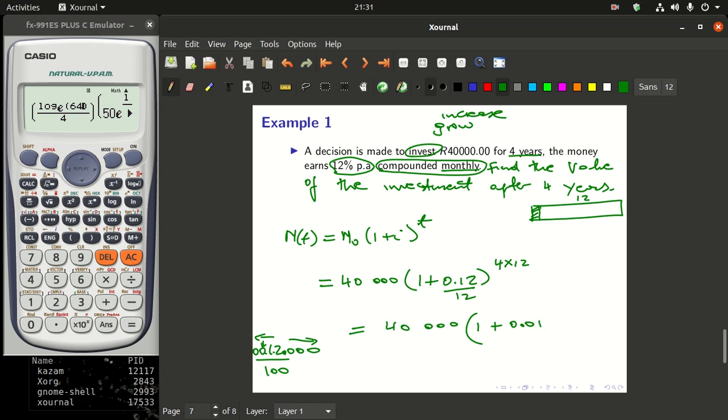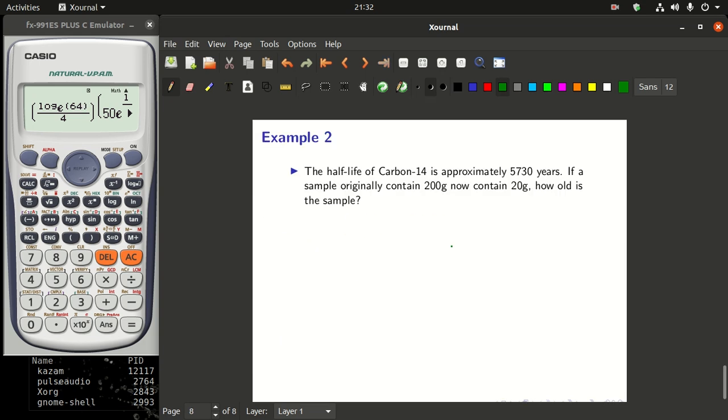That's what's supposed to be, because if you take this 12% here and divide it by 12, you would get 1%, and 1% is 0.01, and then you raise it to 4 times 12: 12, 24, 36, 48. This is supposed to be 48. And then of course, the only thing you can do here is to combine these two, which is 1.01, and then you raise it to 48. That's how you solve this particular problem here.